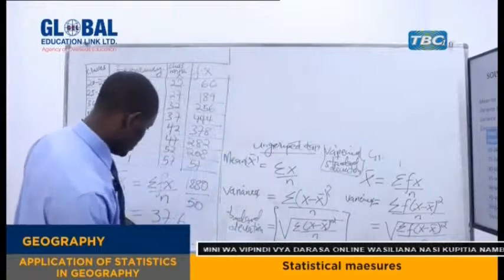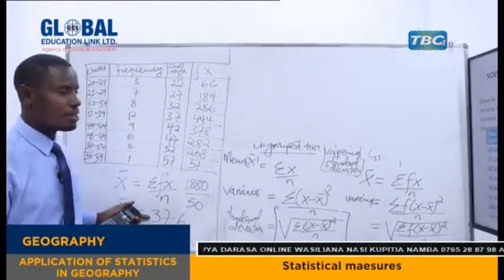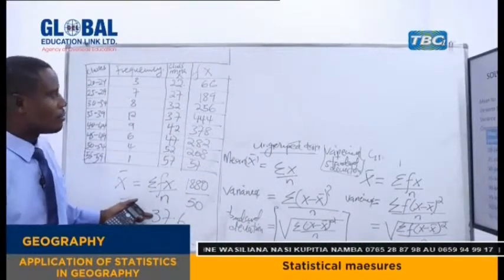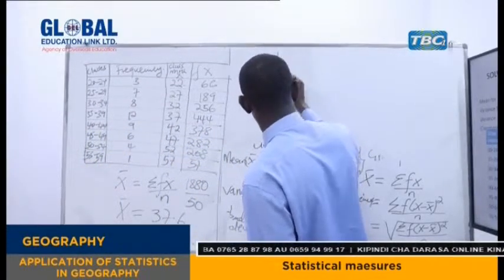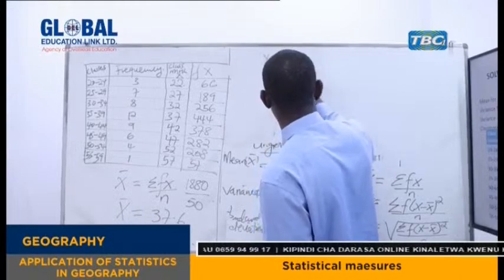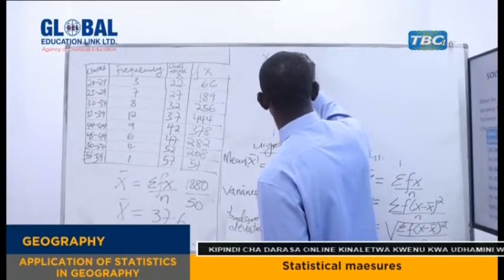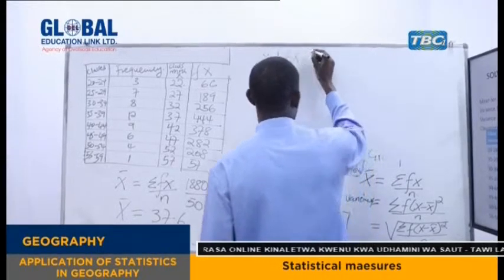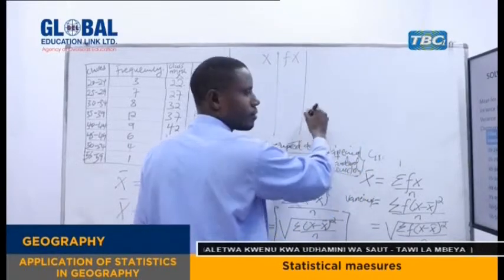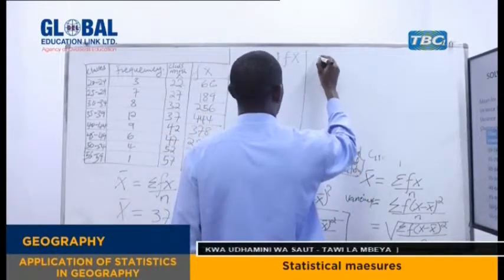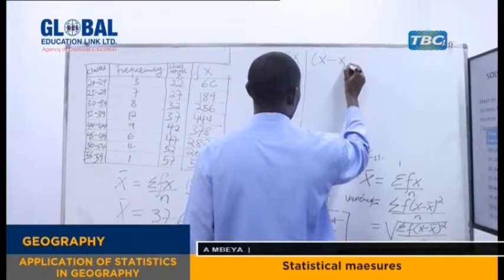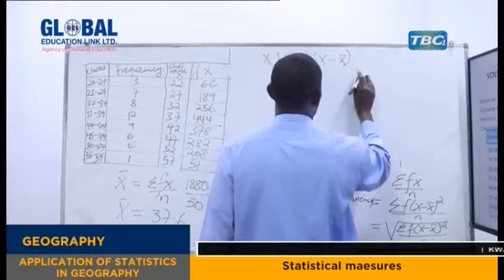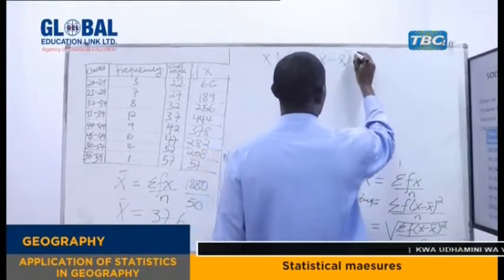So already we have the mean for the grouped data, which we have obtained there for question number 2. Then we establish another column that will be x, and then fx. Then we have another column for the bracket x minus x mean, squared.